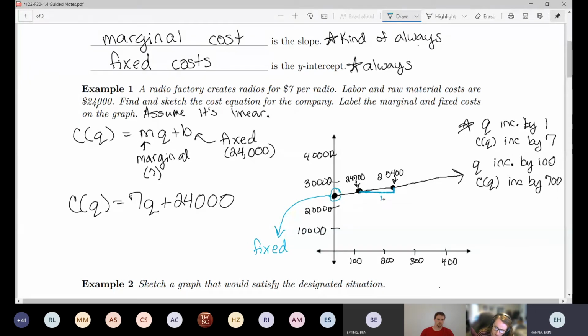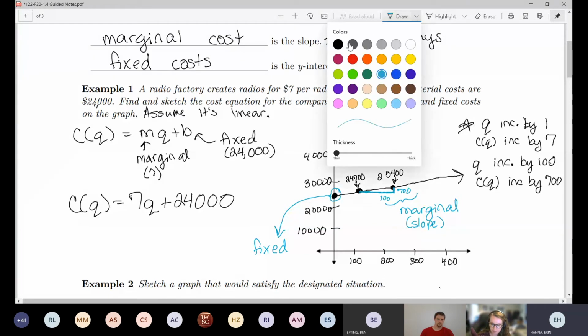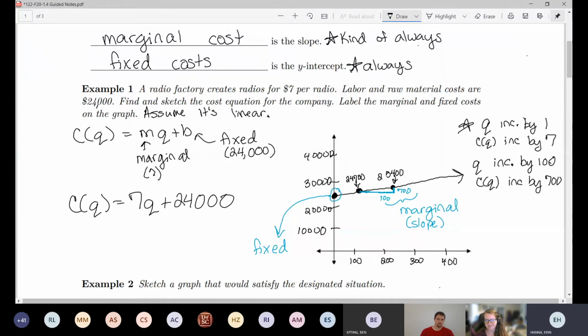This increased by 100, this increases by 700. So this piece here represents our marginal cost, and I'll say slope to remind us that the slope here is giving us our marginal cost.